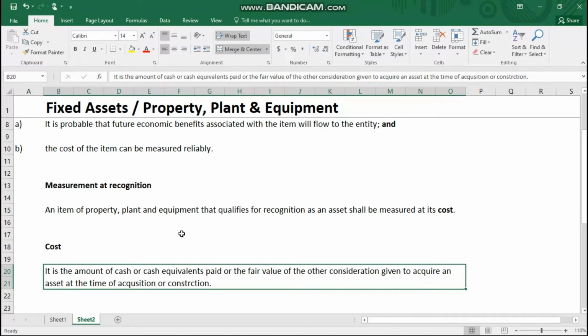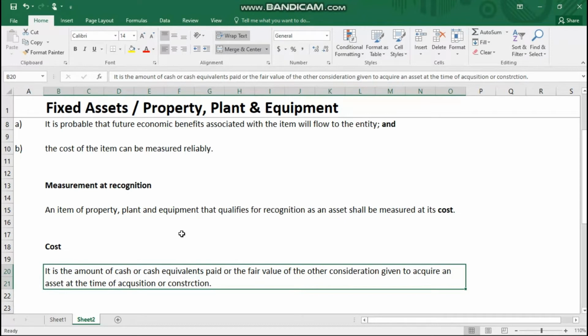That means that will be an exchange transaction, that will not be a cash transaction. You will be getting the asset, but in return you will not be paying in cash, but you will be giving another asset, just an exchange of assets. So in that way, how will the value be determined?